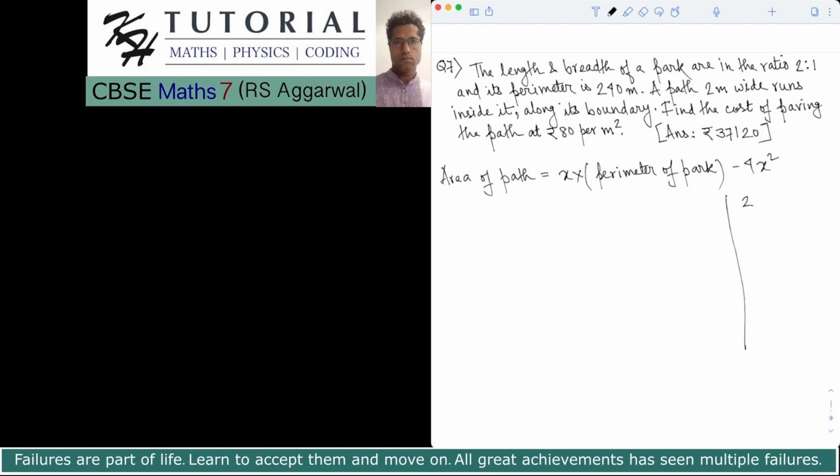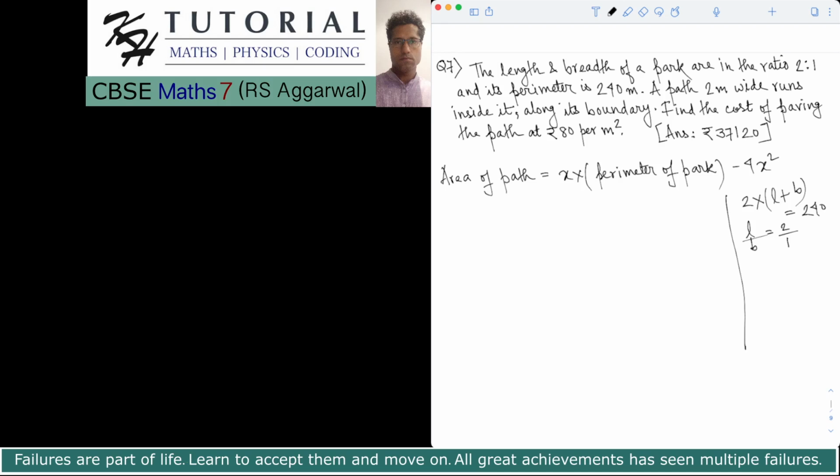So perimeter is nothing but 2 into L plus B, where L and B are the length and breadth of the park. This is given as 240, and you also know the ratio between L and B is 2:1.